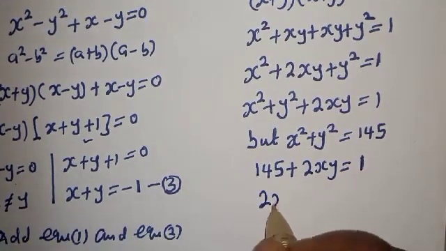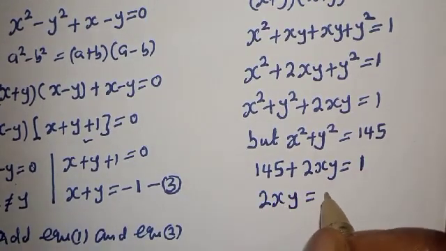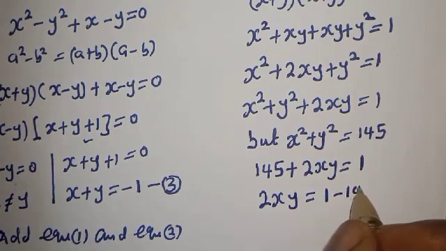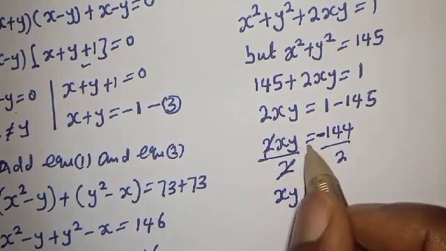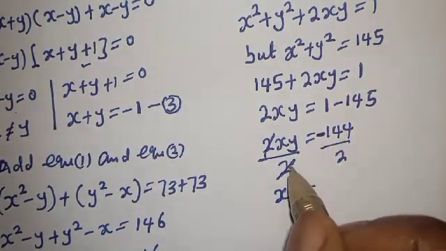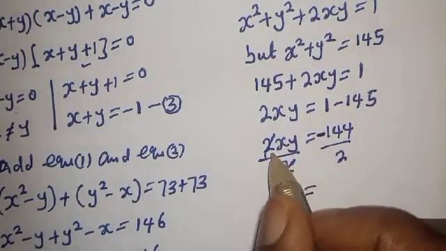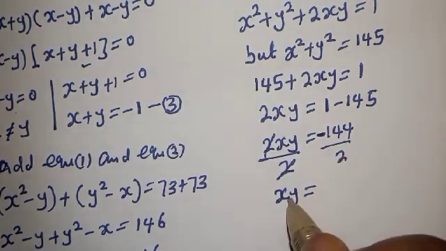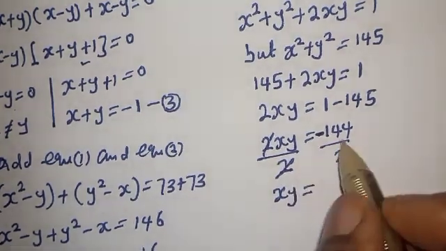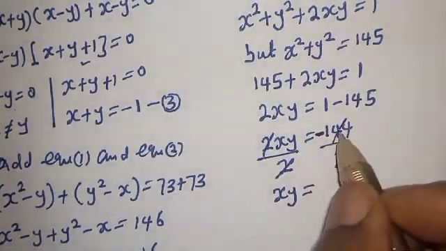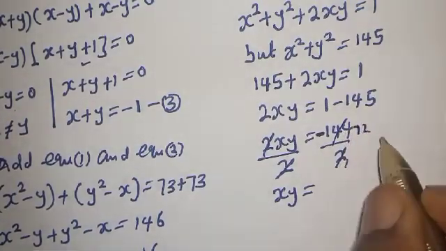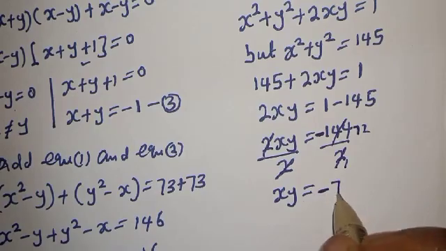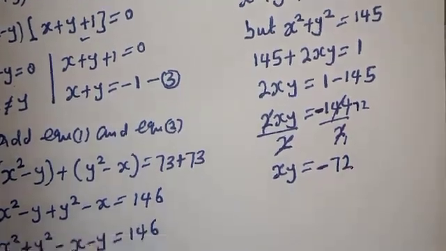Now 2xy will be equal to 1 minus 145. This is 2xy is equal to minus 144. Let's divide both sides by 2. Then xy will be equal to minus 72.